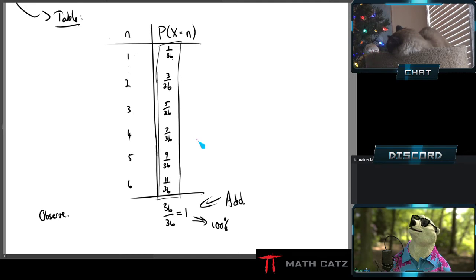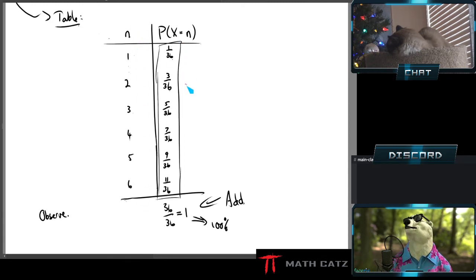Does that make sense? Yes, because anything that could happen is in this list. Nothing that is not in this list can ever happen. I'm going to get one of these results. So if I pool them all together, there is a 100% chance of getting one of these because I've listed all of it. So I have to always list everything.